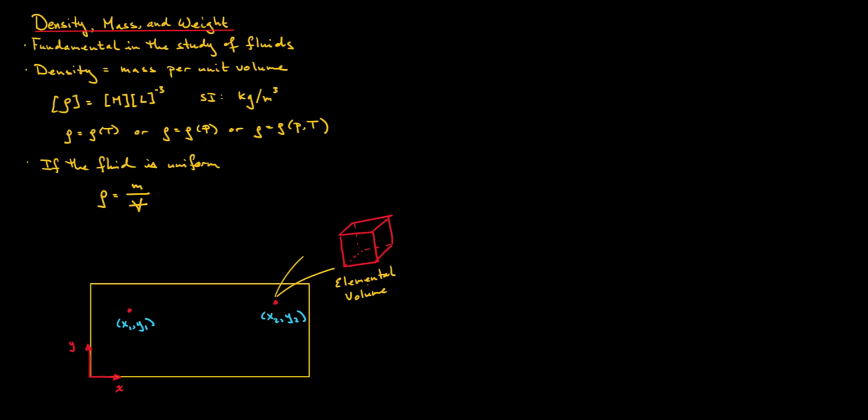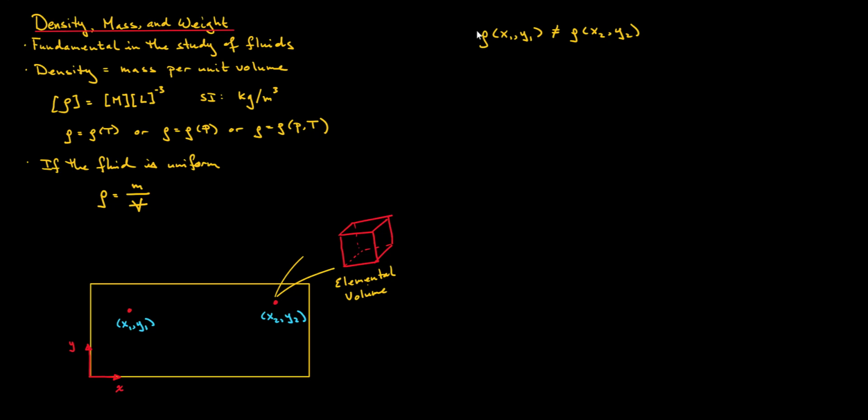If the fluid is compressible, then what we would state is that the density at x1, y1 is not equal to the density at point 2. This is the most general description of density. However, of course, for an incompressible fluid, we can make the approximation that the density is constant throughout.